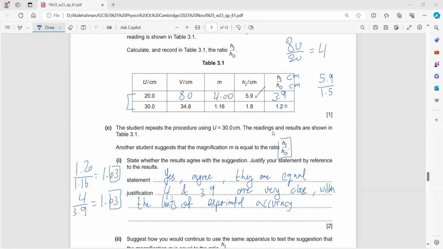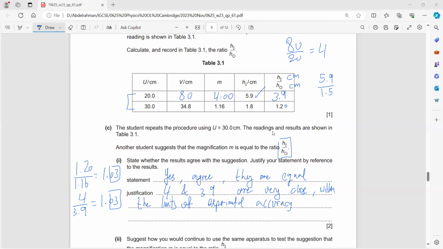I told you, guys, it's the same question. What should I do? I have to repeat the experiment using different values of U. How many values? And again, for the 100th time, we must use at least 5 different values of U. Should I state them? If you want to, okay.